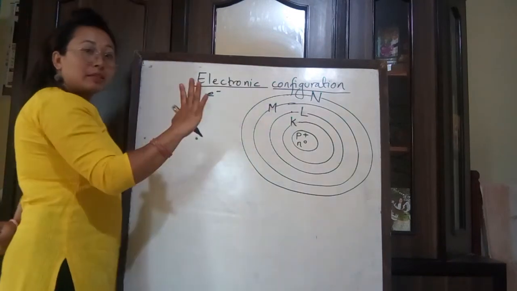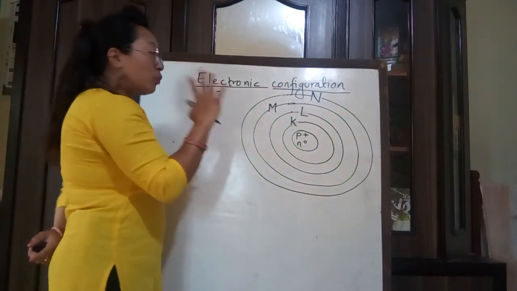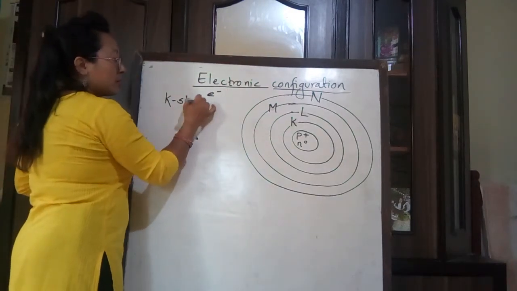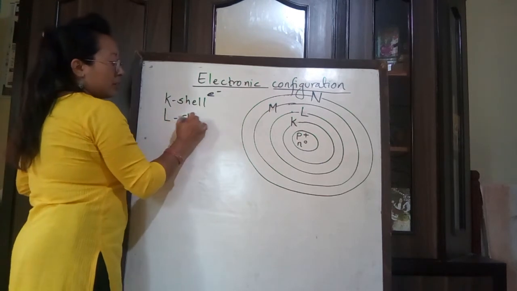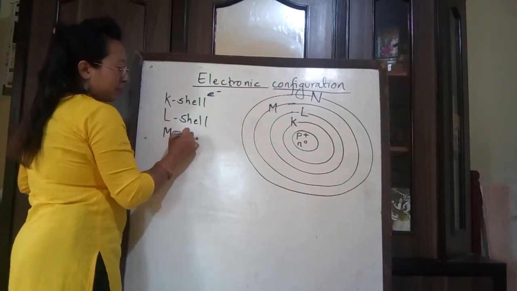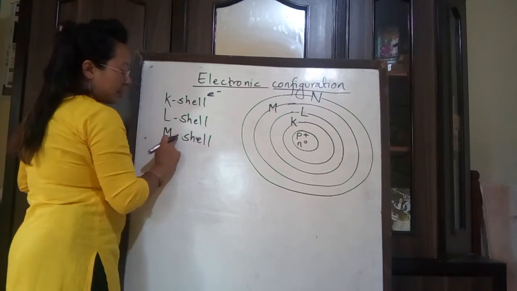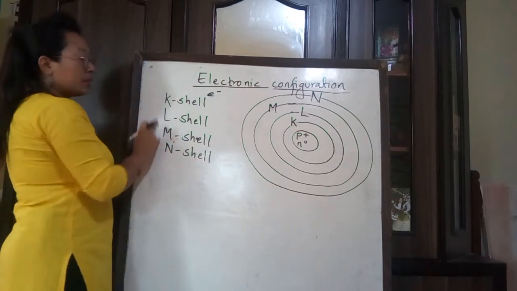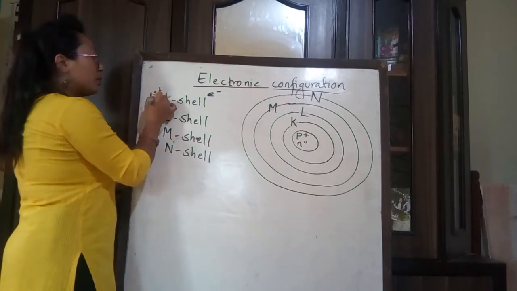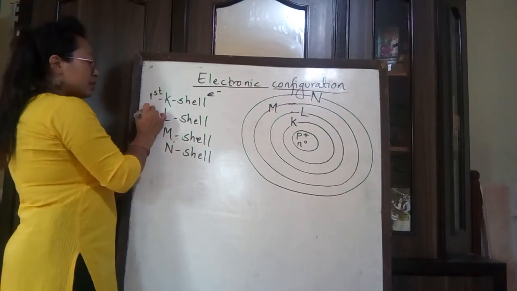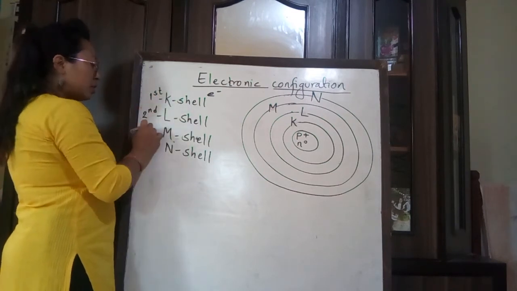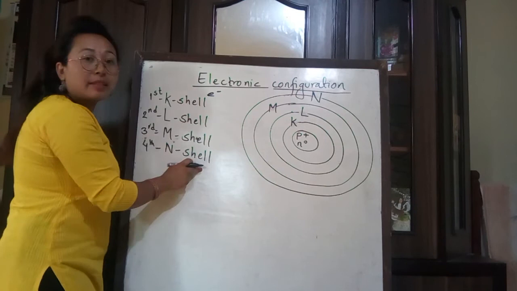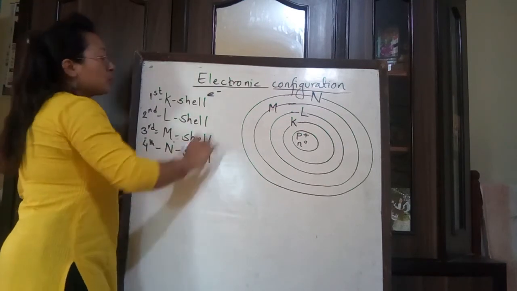That means how many shells are there? Four shells. They are the K shell, L shell, M shell, and then the last one is the N shell. In this way, four shells are there.